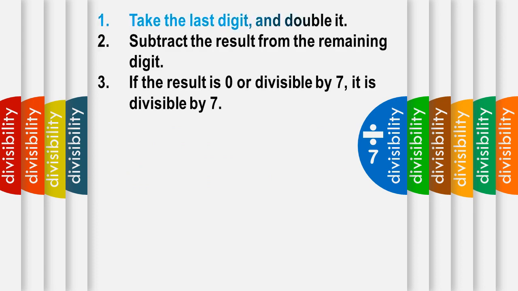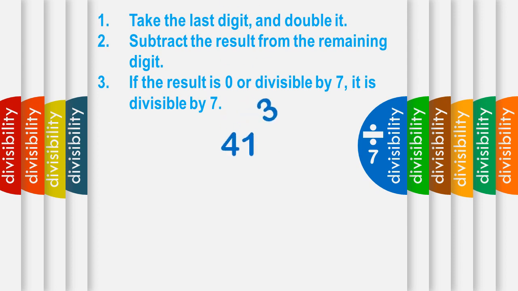Divisibility by 7. First we take the last digit and double it. Then we subtract the result from the remaining digits. If the result is 0 or a number which is divisible by 7, then it is divisible by 7. For example, look at the number 413. In 413, the last digit is 3.